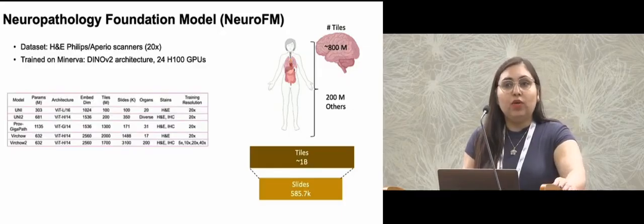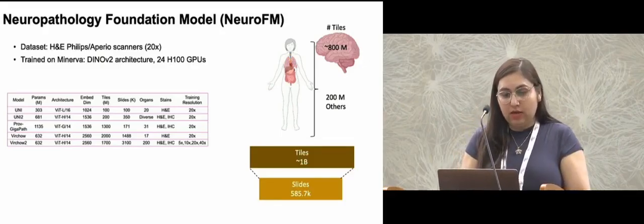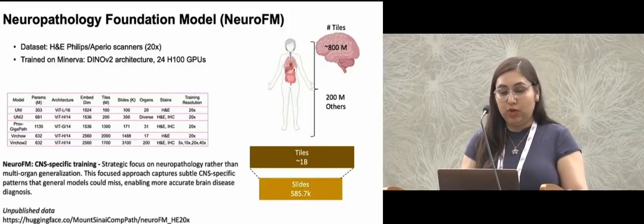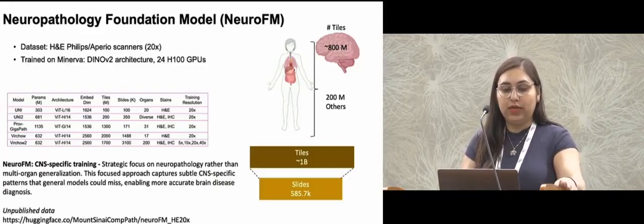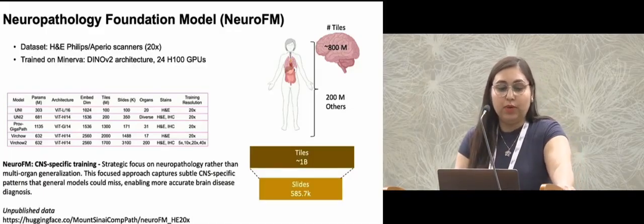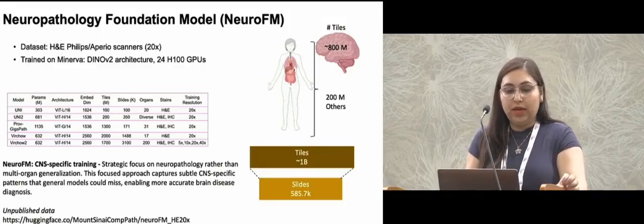And we compared our model with several state-of-the-art pathology foundation models that include Uni2, GigaPath, Virchow, and Virchow2. Here we can see they are trained with organs ranging from 17 to 200, but we focus specifically on neuropathology-specific training, and we focused on data from central nervous system instead of doing multi-organ generalization, because we hypothesized that this would be able to do accurate brain disease diagnosis.